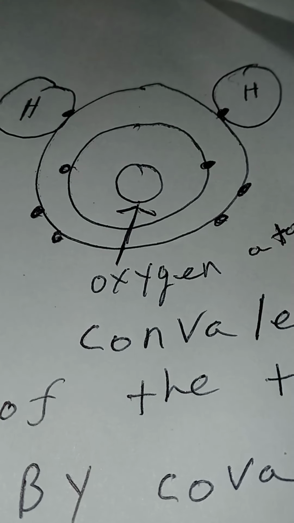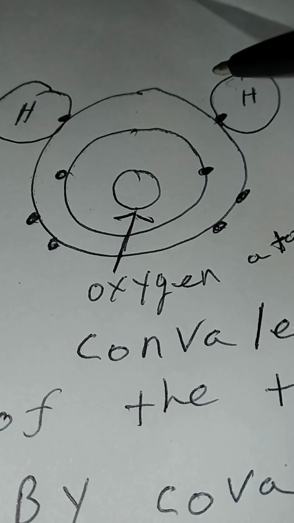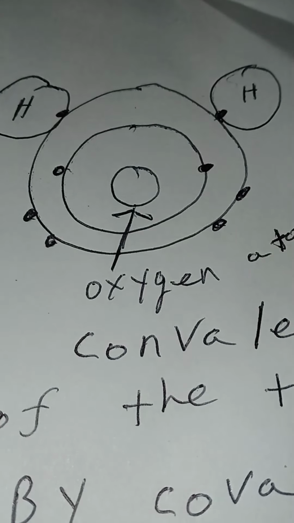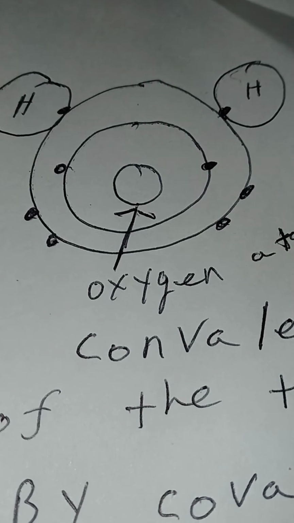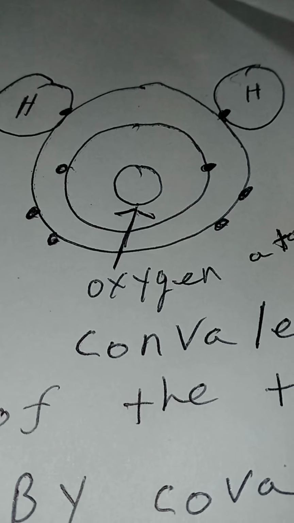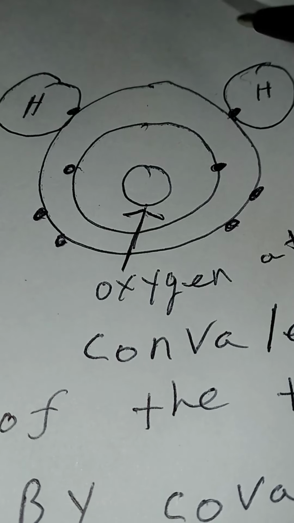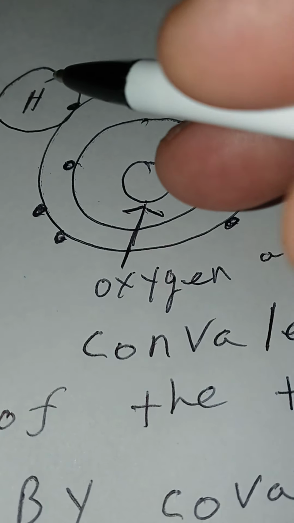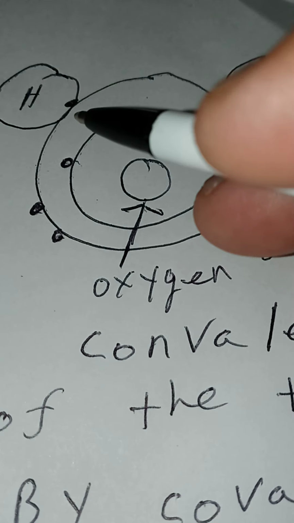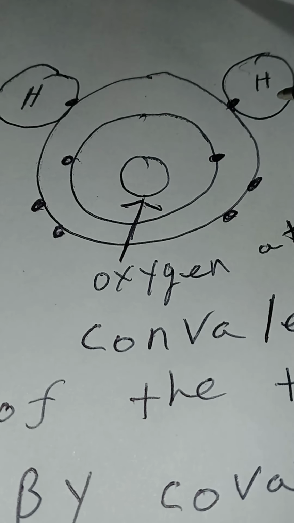So now the oxygen is completed around the orbit of the shell. But how can you have 8 if you only have 6 around the shell? Each hydrogen got together with the oxygen and gave one electron and bonded with it.